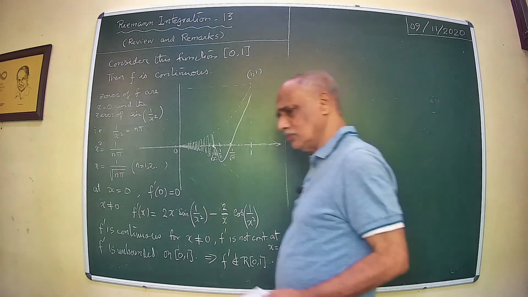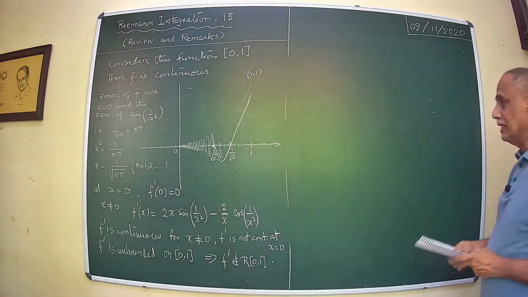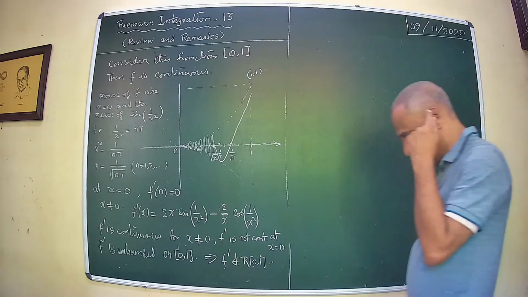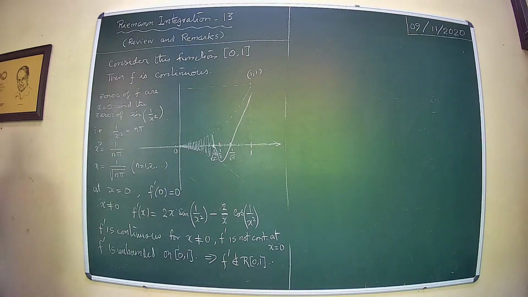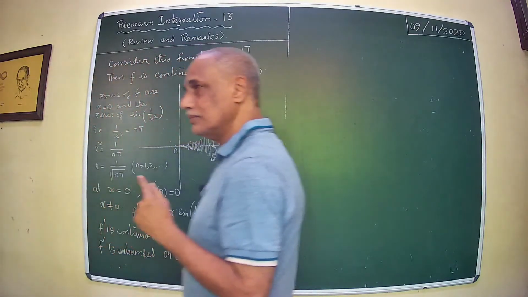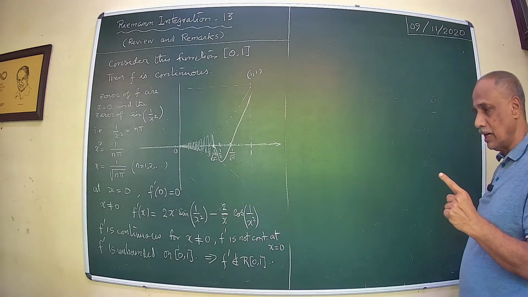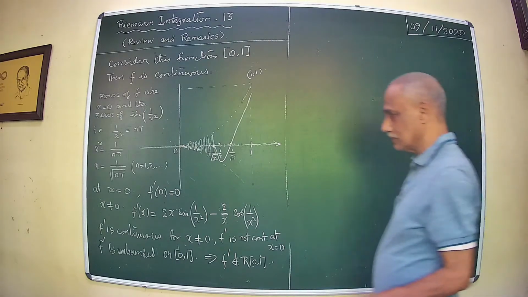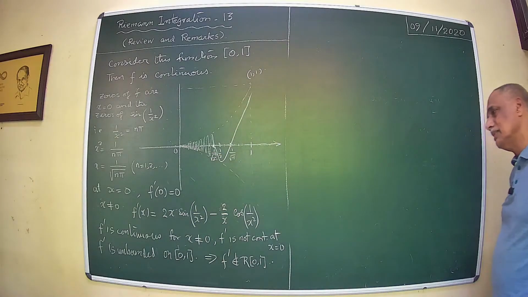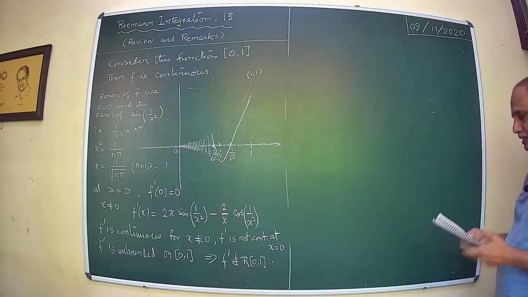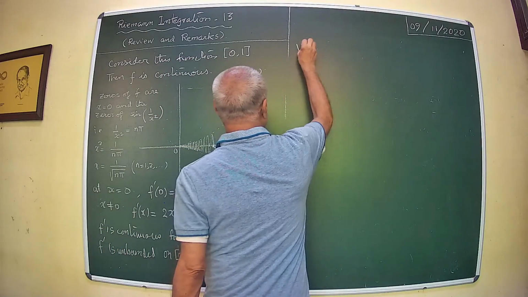It's a nice uniformly continuous function, but its derivative is not Riemann integrable because its derivative is continuous everywhere except at a point, and in the neighborhood of that, the derivative becomes unbounded. There is a discontinuity there, and it becomes simply unbounded in the neighborhood of 0. This is the problem, therefore it is not Riemann integrable. Now we look at this fascinating example.